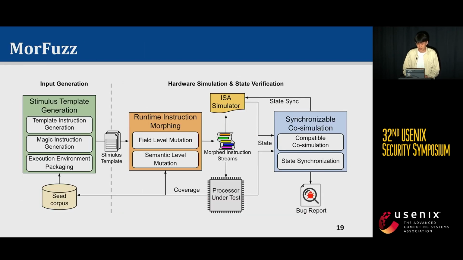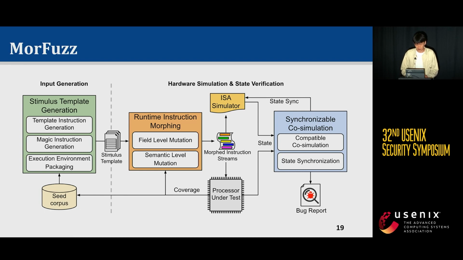And this is the overview of MorFuzz. Different from the existing fuzzers, we dynamically morph instructions to effectively guide fuzzing. And benefiting from instruction morphing, we can use runtime information to generate instructions with better semantics.